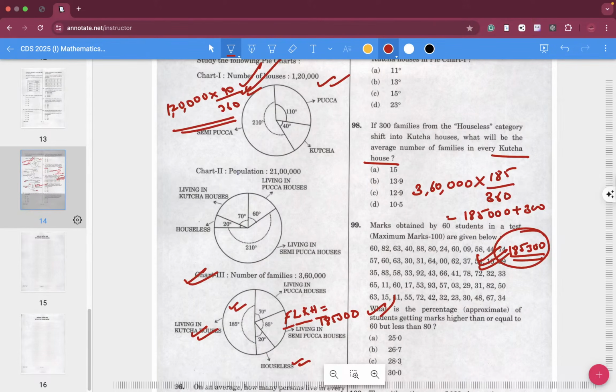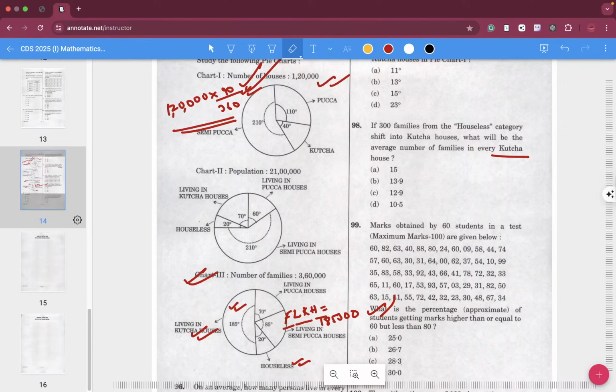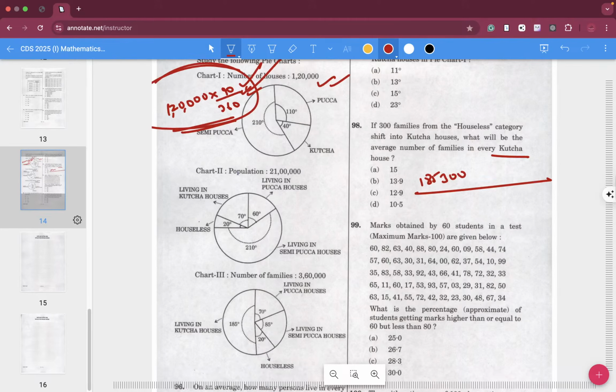So let's calculate that. We have over here 1,85,300 divided by this particular value. This particular value is how much?